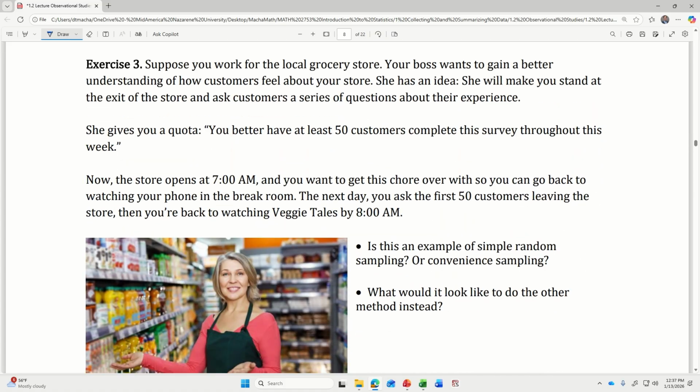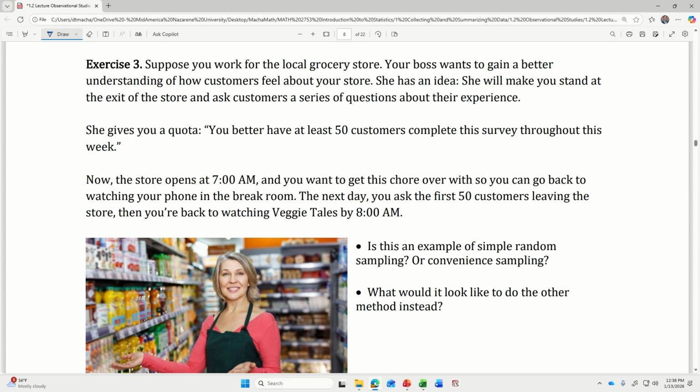All right, exercise 3. Suppose you work for the local grocery store. Your boss wants to gain a better understanding of how customers feel about your store. So she's going to make you stand at the exit of the store and ask customers a series of questions about their experience. You better have at least 50 customers complete this survey throughout this week.